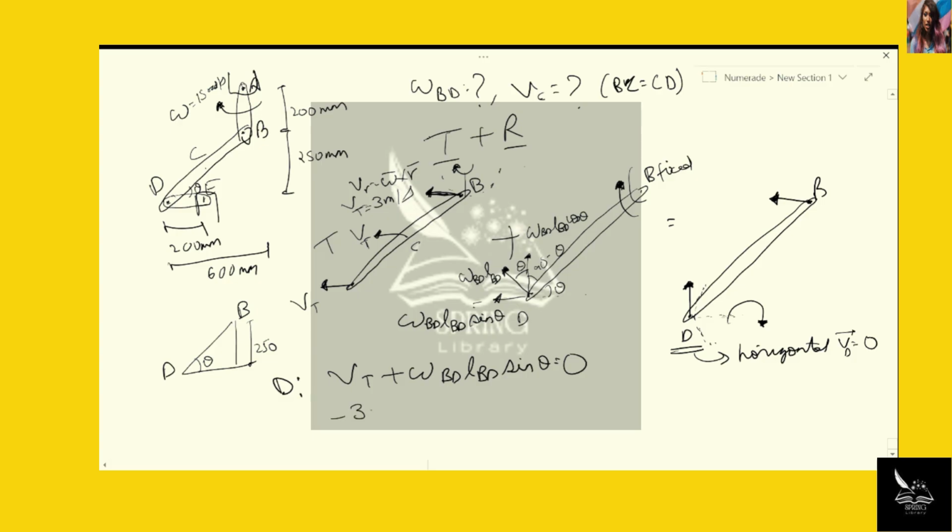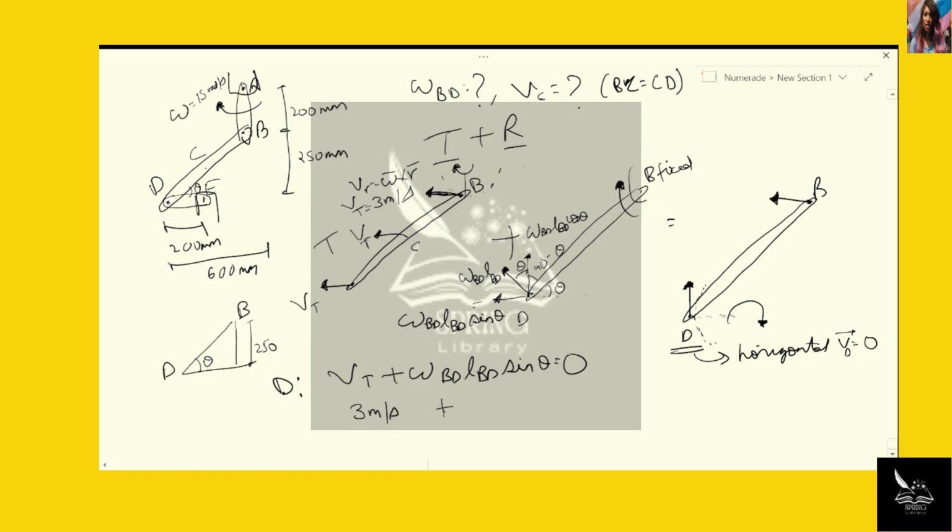And we know that VT is basically minus 3 meters per second i, it's pointing to the left, plus now omega BD, LBD, sine theta. So since we have already given the directions, let's just put the magnitudes here.